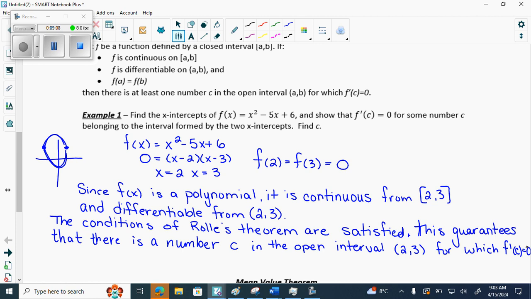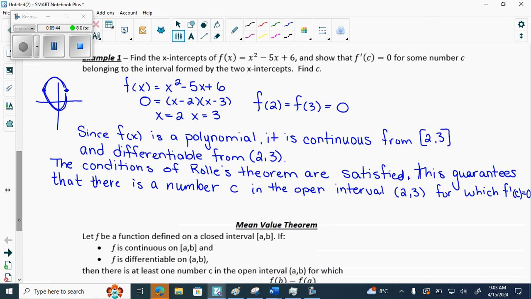Could you say on a test that Rolle's theorem is satisfied to mean that a function is continuous and differentiable, and therefore a number c exists in the interval? You think that's shorter? You just literally restated what I said. It's less writing because it's less big. No, it's not. You said exactly what I said and put the sentence in the middle of those two. F prime of c equals 0.